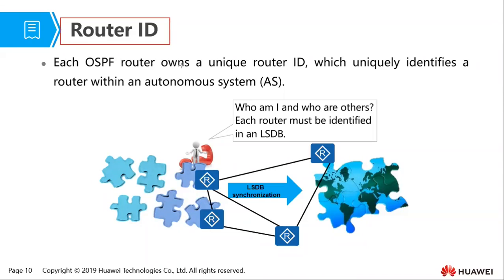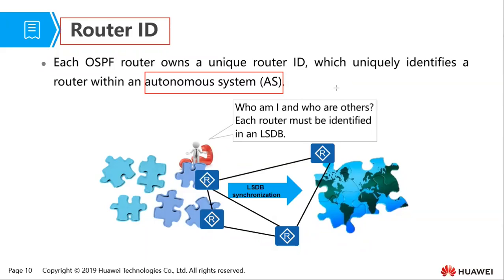Every router in your network must be uniquely identified by a router ID. The router ID should be unique within the autonomous system, the AS. We already know what an autonomous system is. Within an autonomous system, each router must have a unique router ID.